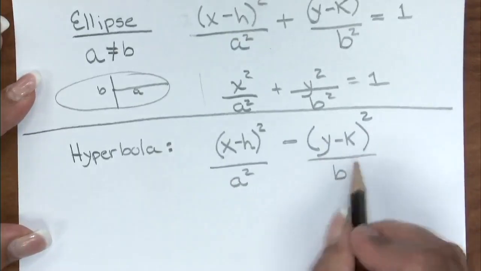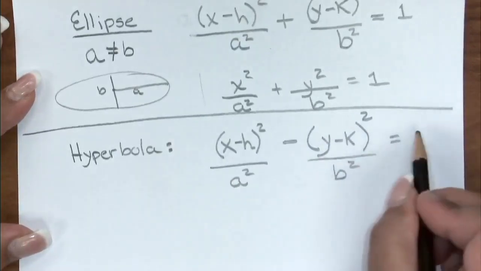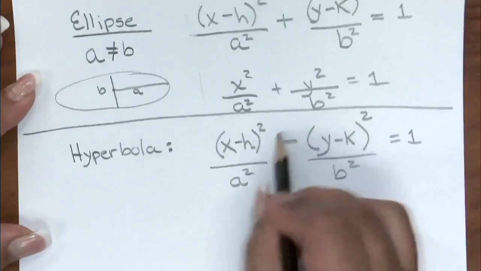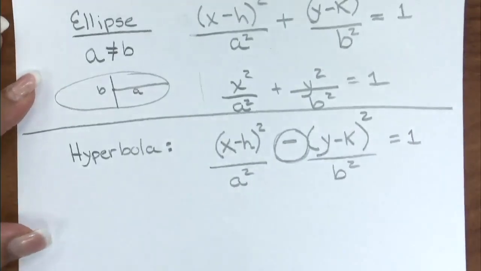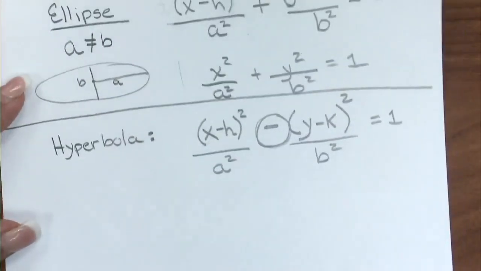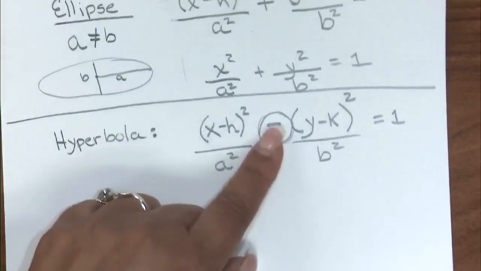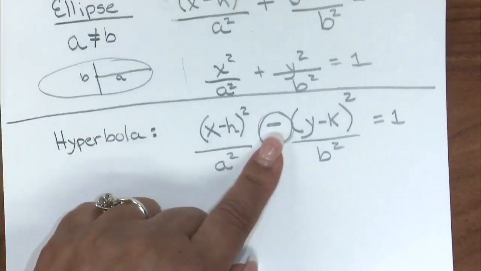This is just one version of a hyperbola. What you need to look for is this right here. It's the only one I've given you thus far that has a minus in between. The minus sometimes happens. Now, if we were going into graphing these, I would go into all those details.